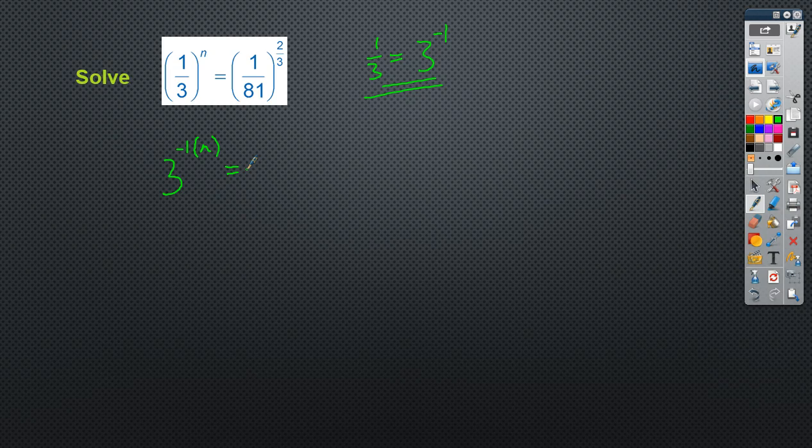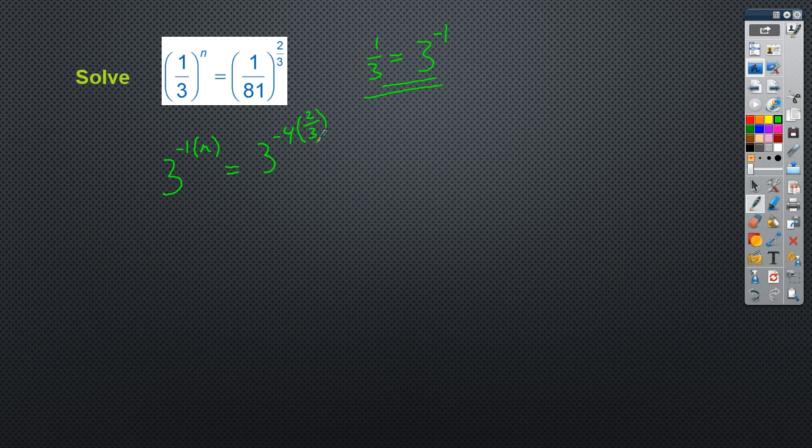Hopefully you remember that 81 is 9 times 9, and each 9 is 3 times 3. So that means there's a total of four 3s, and it's in a denominator. So I have 3 to the negative 4 for the 1 over 81, to the 2/3.